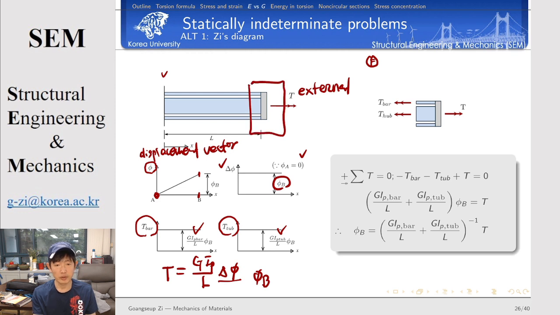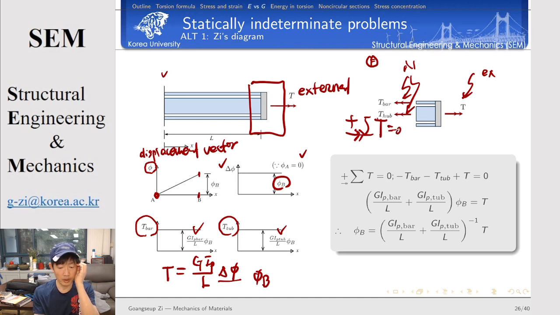Okay, so according to the force equilibrium, make sure that they are internal torsional moments, okay? But this guy is external and internal. But if you want to check the force equilibrium, these three torsional moments follow the sign convention defined in this way. The sum of all the torsional moments should be equal to 0.